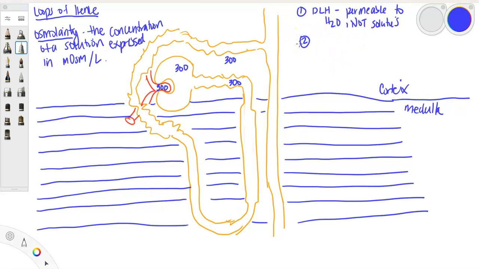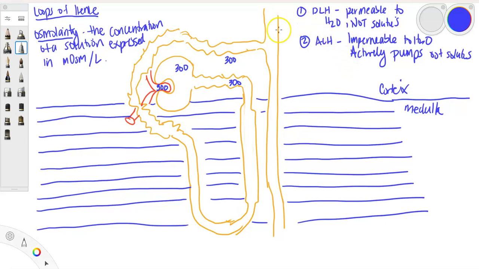All right, the ascending loop of Henle is impermeable to water, and it actively pumps solutes out of the tubule, okay?